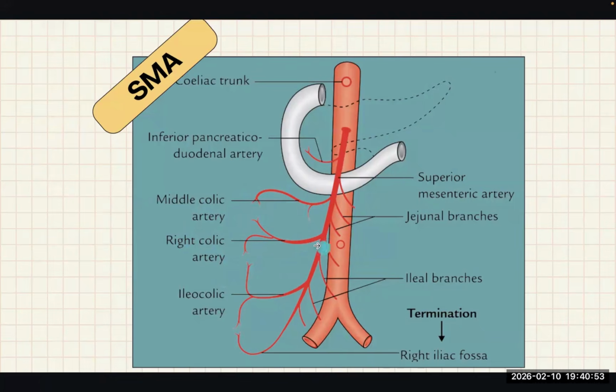Easy so far? So there's anastomosis between the right branch of the middle colic artery and the superior right colic artery. Now the right colic artery is going to give another branch, which is going downwards. What is this branch going to anastomose with? It's going to anastomose with the superior branch of the ileocolic artery.